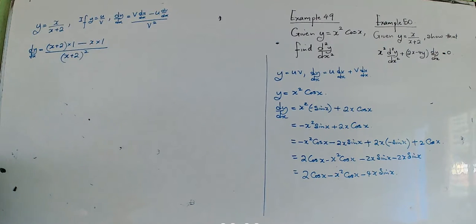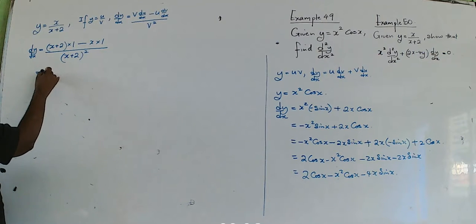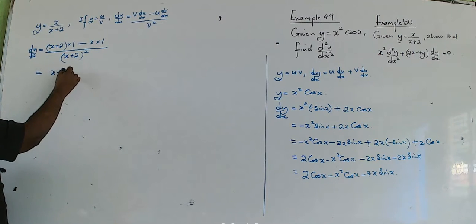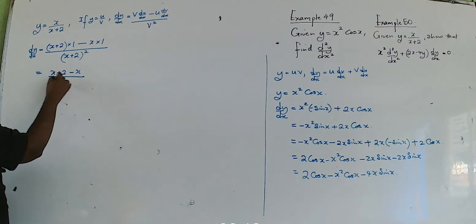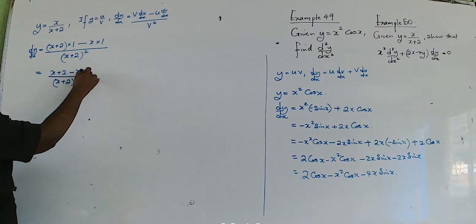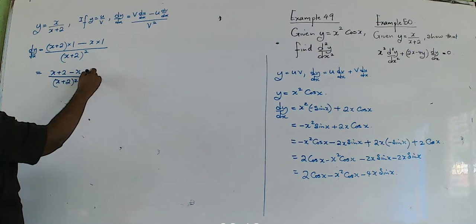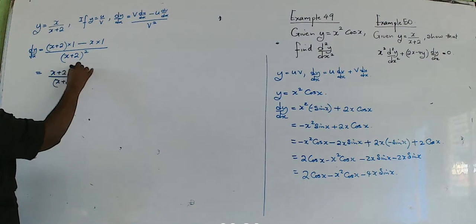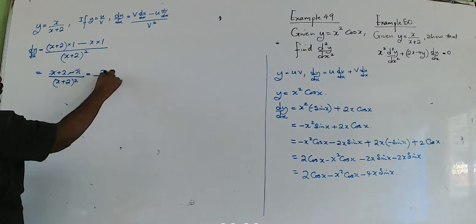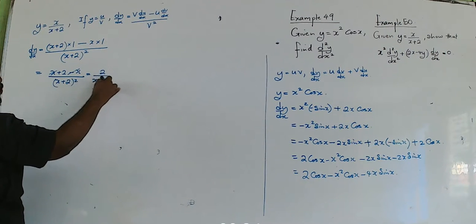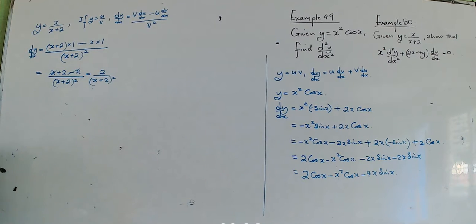So simplifying, we are going to get x plus 2 minus x all over x plus 2 squared, which is equal to, the x's go, 2 over x plus 2 squared.